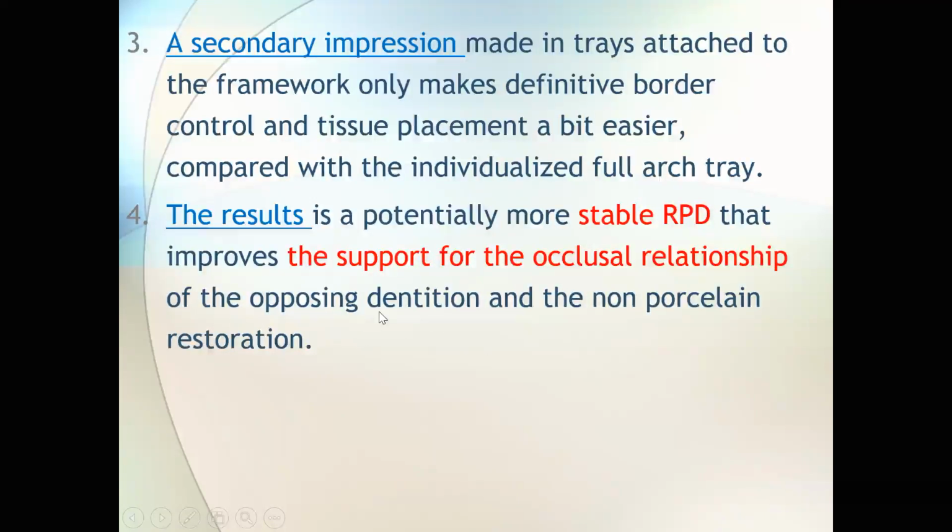And by this, we get a stable RPD, that is a stable occlusion, and we are reducing the pattern of bone resorption, and we are also reducing the torque on the abutment teeth.